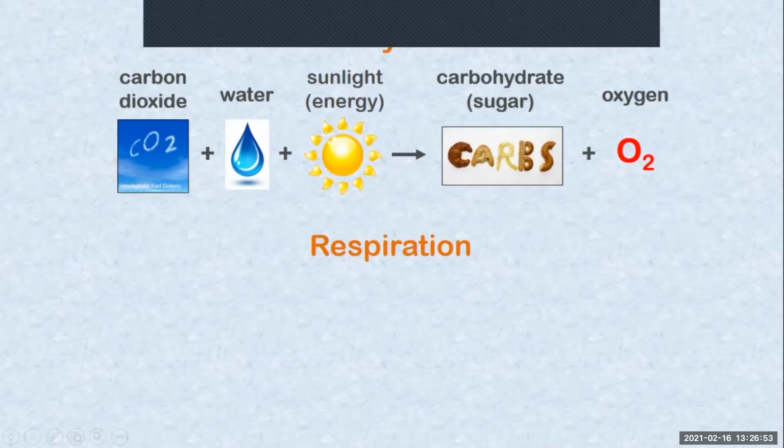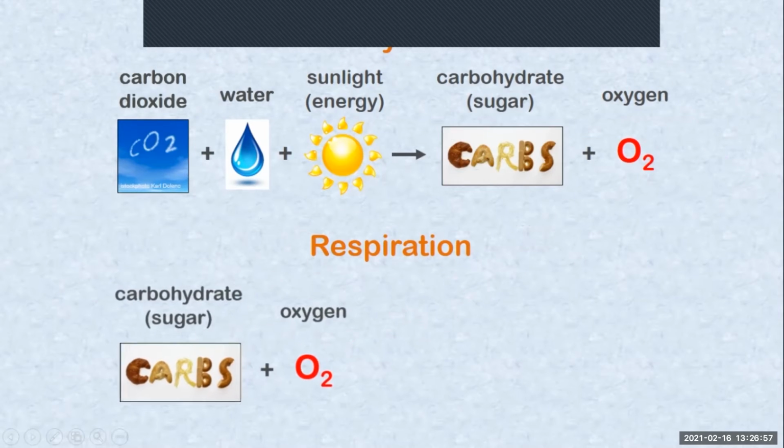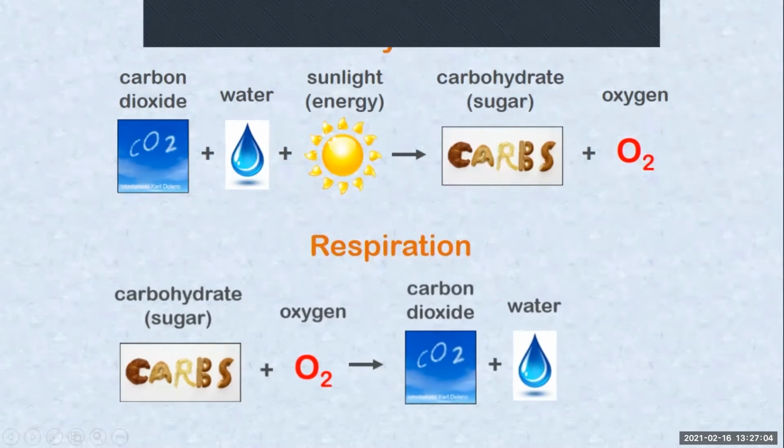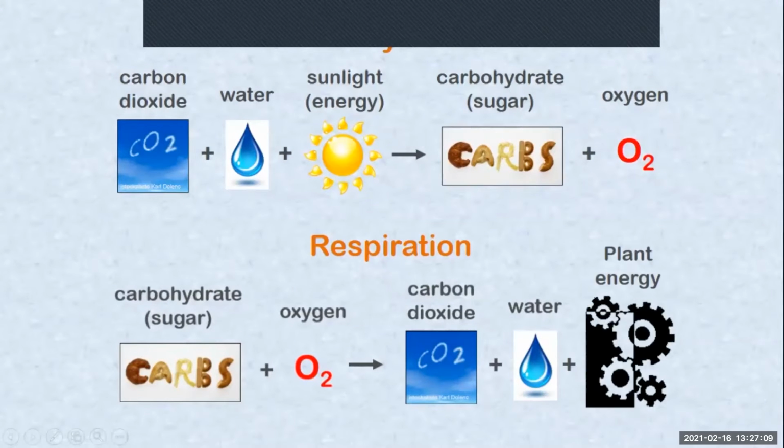And that's basically the reverse of photosynthesis. You take the carbohydrates, you add some oxygen, and then you release carbon dioxide and water, and you get that energy which the plant can use to grow, to produce fruit or seeds, or to just maintain the plant's existence.